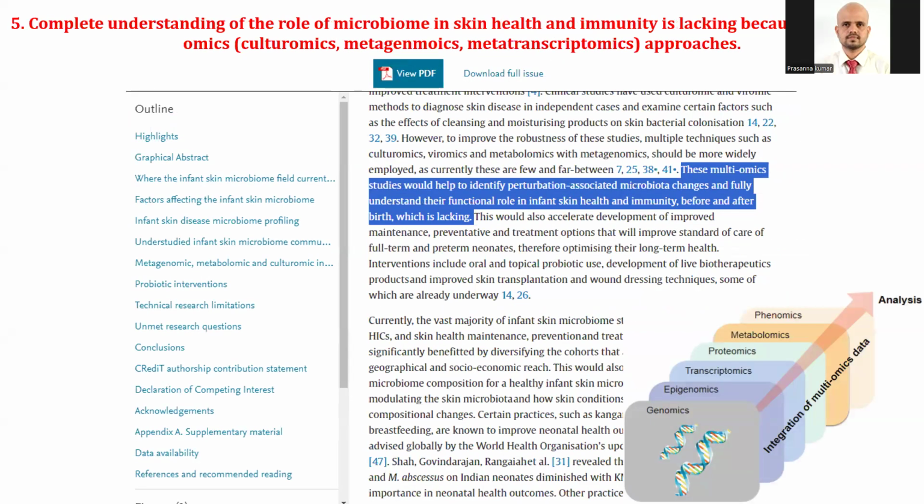And then, everyone is just studying either culture-based bacterial diversity, or they are studying metagenomics or eDNA sampling. But there is no integrated approach, integrating all the methods to have a comprehensive understanding of what's happening with the skin microbiome.